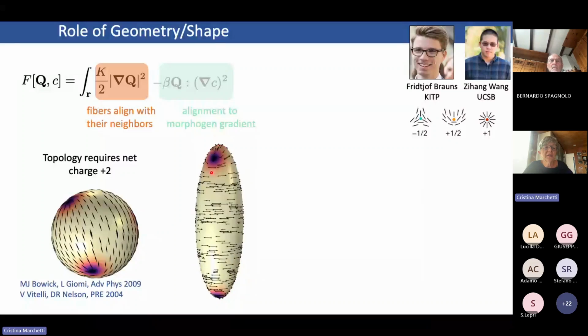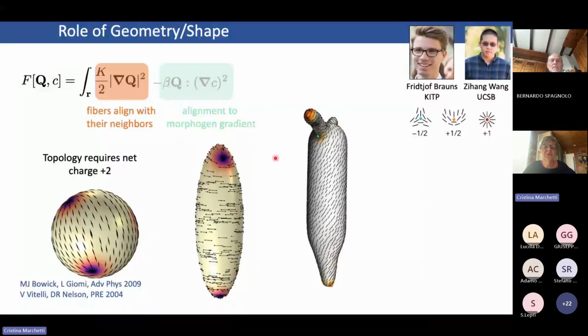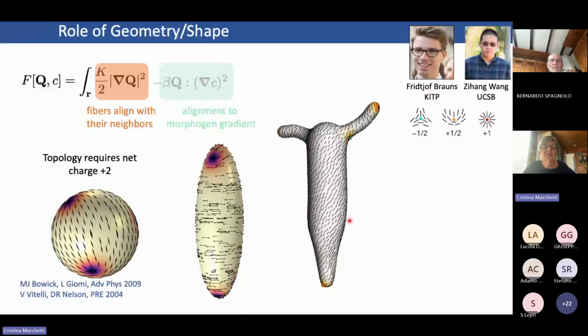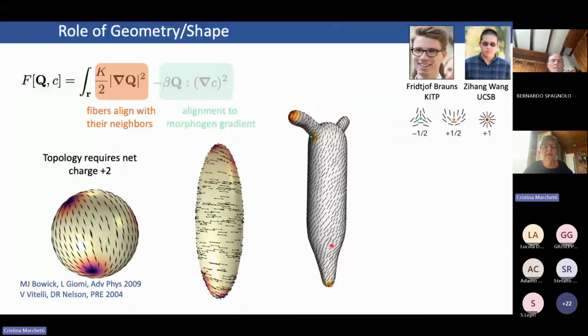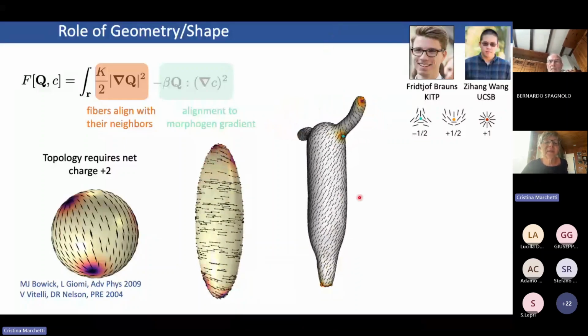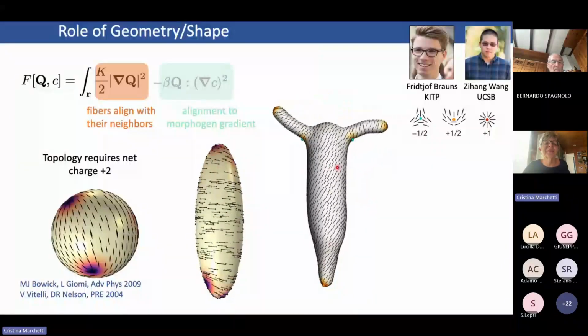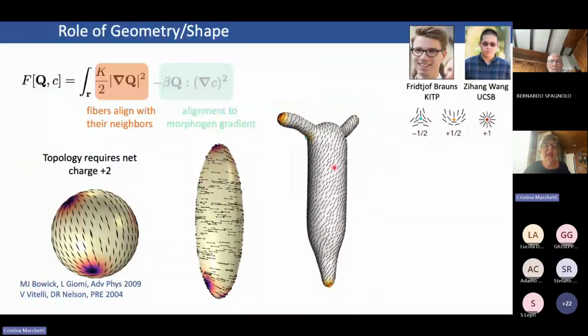And you can, again, simply look at the geometry by hand, put in the geometry of Hydra, which Lucilla called a cactus. It's not a cactus, it's our attempt to draw the geometry of Hydra with a couple of tentacles over there.